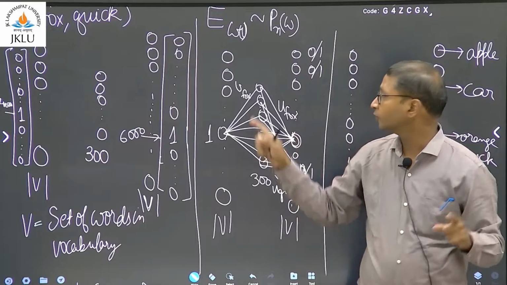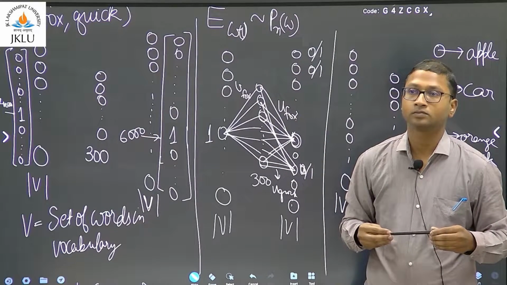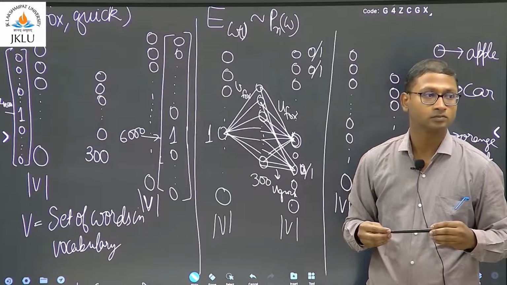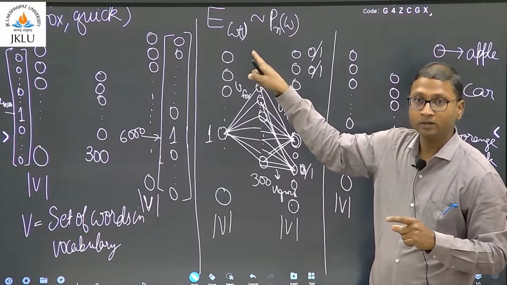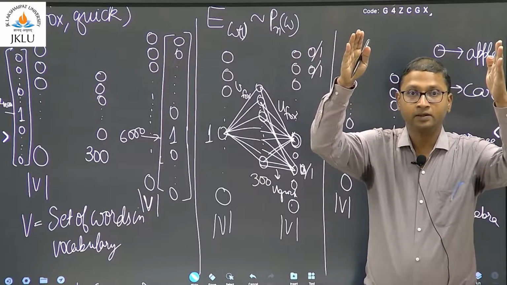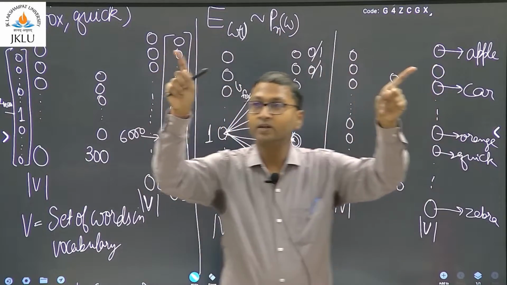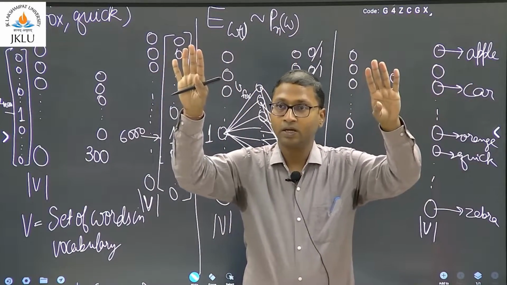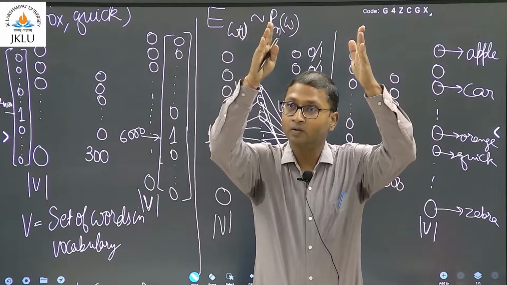Remember, how do we compute vfox? W1, and so what are the dimensions of W1? 300 cross mod v. So this must be multiplied with a vector of size mod v.